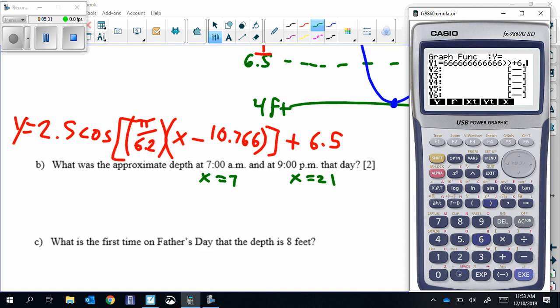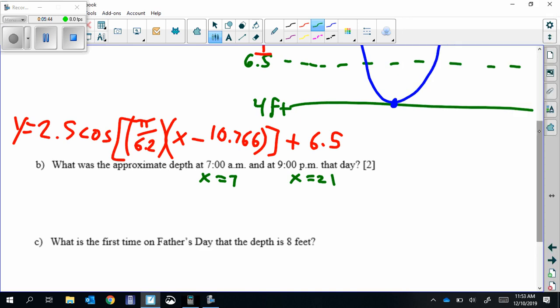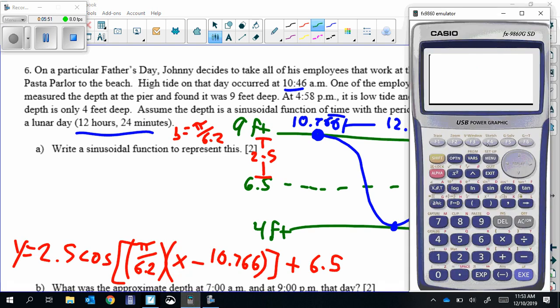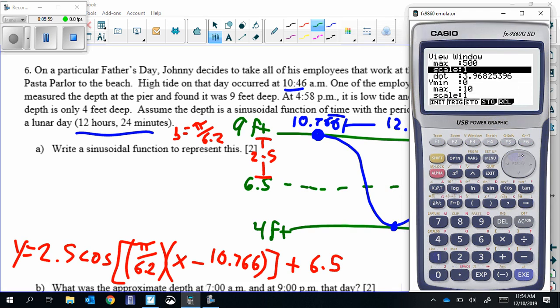Plus 6.5. And when I hit draw, we don't see anything because we didn't fit our window on the calculator to the sketch that we started here. Y needs to go from at least 4 to 10 or 4 to 9. So I'm going to do 0 to 10. Our X is time. That's going to be 0 through 24 hours for the whole day. Now we can see it.